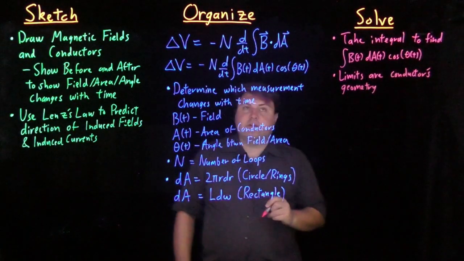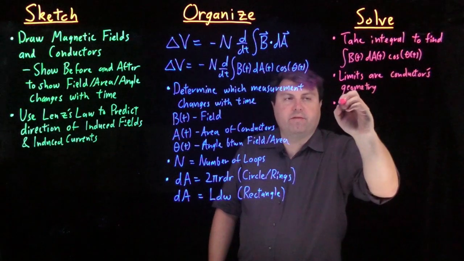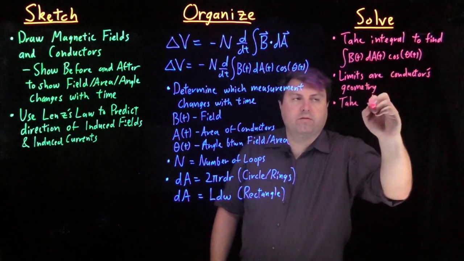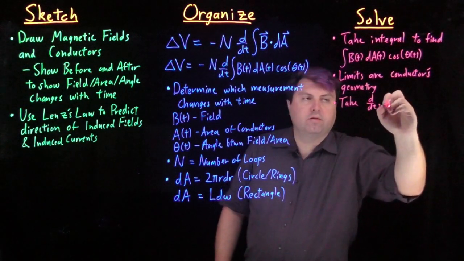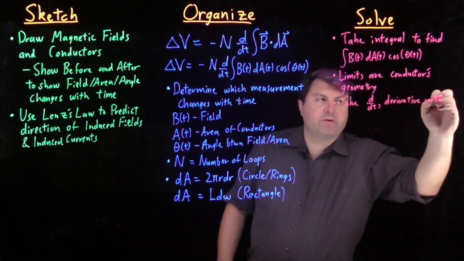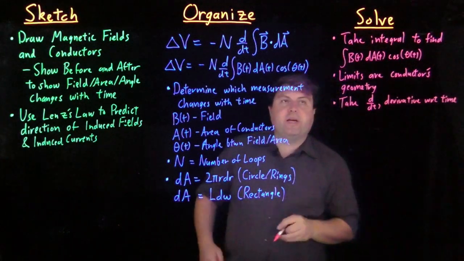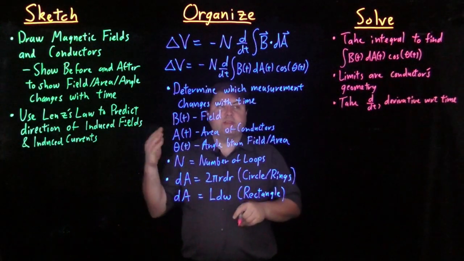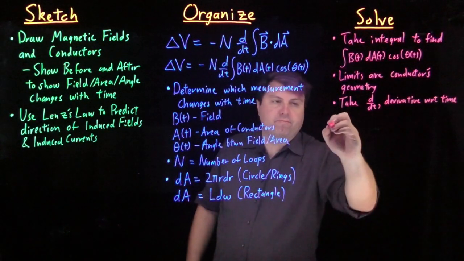Once we've taken the integral, then we want to take the derivative with respect to time. So we're taking an integral over space and then a derivative over time.